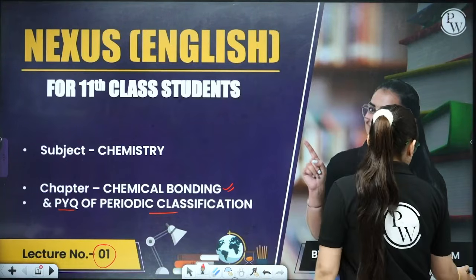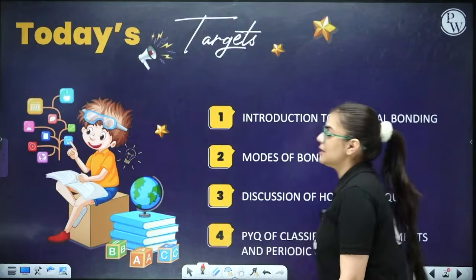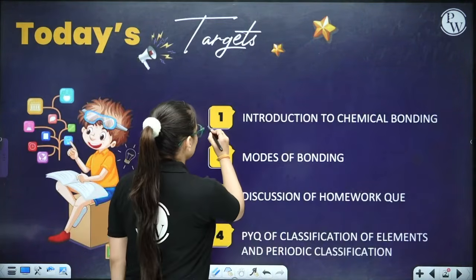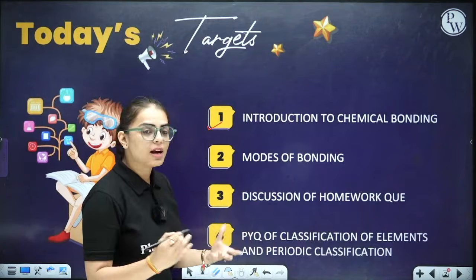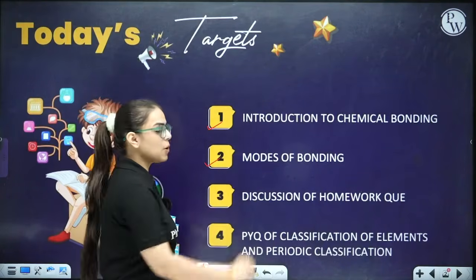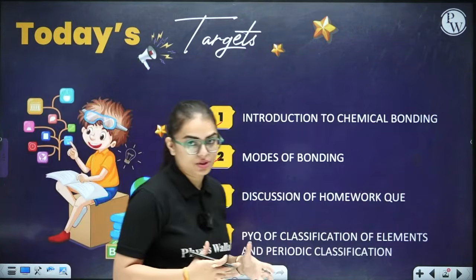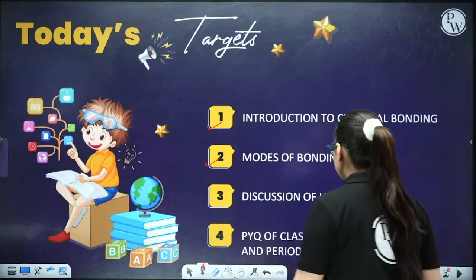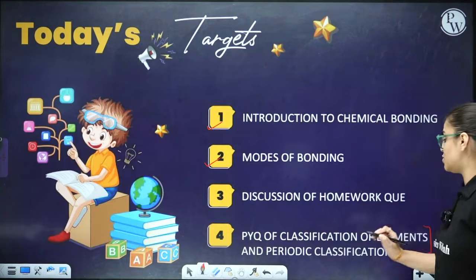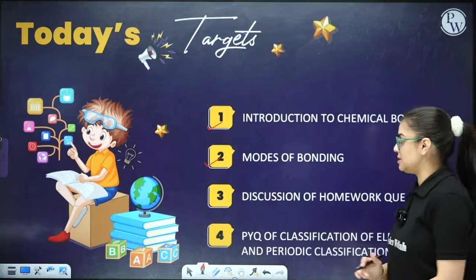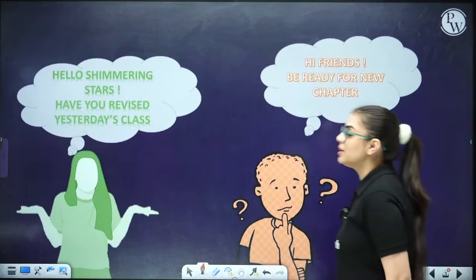The very first topic is going to be introduction to chemical bonding. The second part is going to be modes of bonding. The third segment will be about discussion of the homework questions. And the fourth segment will be based upon previous year questions of the classification of elements and the periodic properties. So now we are going to start with our very first topic.